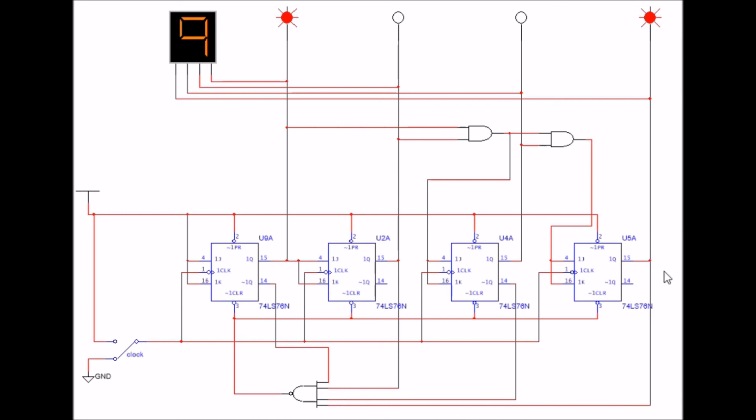So I can see it's coming from this Q. So think of that as a 1, this not Q, this Q, and this not Q. So when I get to 1, 0, 1, 0, that's binary, or a 10 in base 10, it should reset. So the count range of this should be 0 to 9, and it resets on 10, and I think that'll work, but let's just check it out.